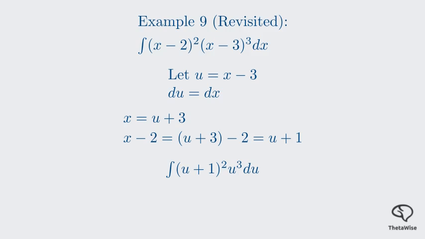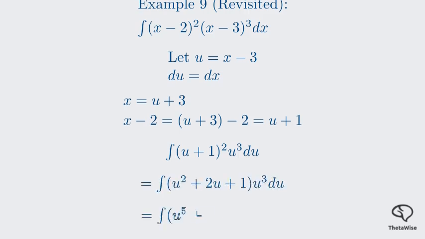Let's start by expanding the term u plus 1 squared. Expanding the binomial gives u squared plus 2u plus 1. We then multiply the entire expression by u cubed. This distributes to give u to the 5th plus 2u to the 4th plus u cubed. We now have a standard polynomial integral.